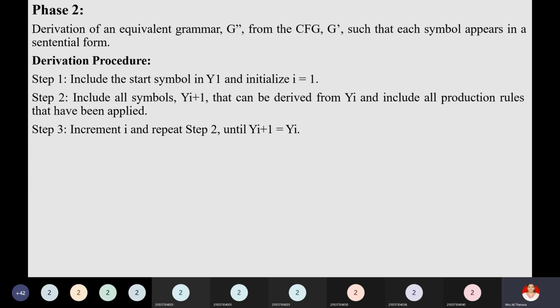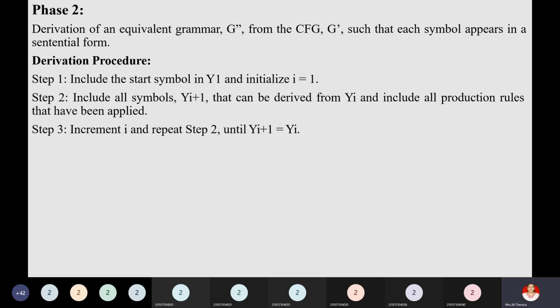For that, there are three steps you need to follow. Include the start symbol in Y1 and initialize i equal to 1. Include all symbols Yi plus 1 that can be derived from Yi, and include all the productions that can be applied. Increment i and repeat step 2 until Yi plus 1 is equal to Yi.